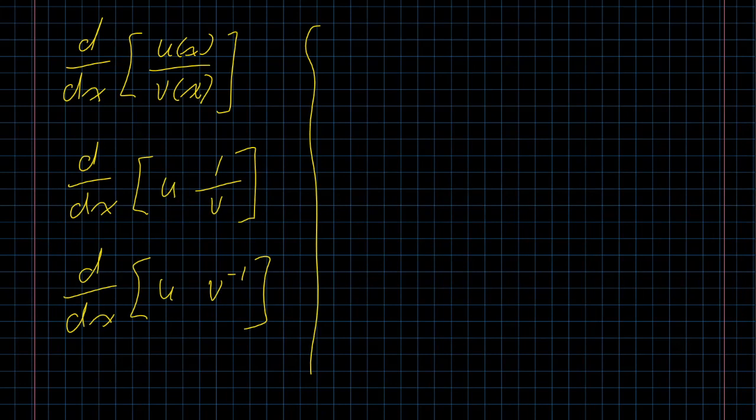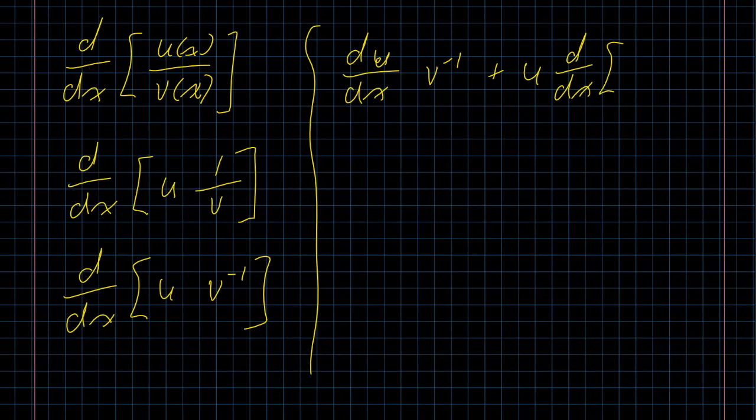Using the product rule now, this is going to be the derivative of u times v to the negative first, plus u times the derivative of v to the negative first.